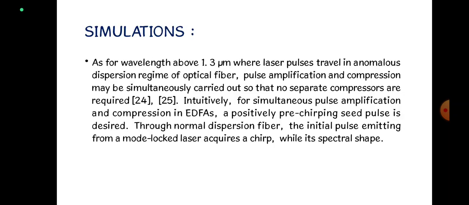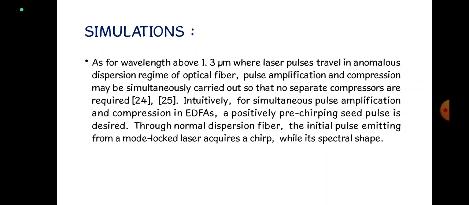As for wavelength about 1.55, laser pulses travel in an anomalous dispersion regime of optical fiber. Pulse amplification and compression are required initially for simultaneous pulse amplification and compression in EDFAs. A positively pre-chirped seed pulse is desired through normal dispersion fiber.